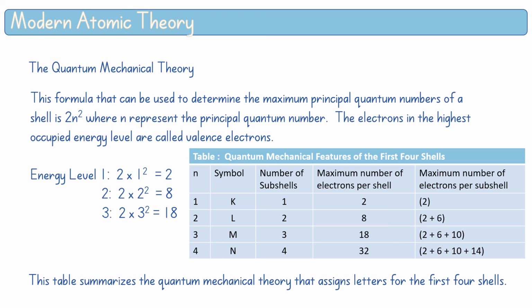So this table summarizes the quantum mechanical theory that assigns letters for the first 4 shells.